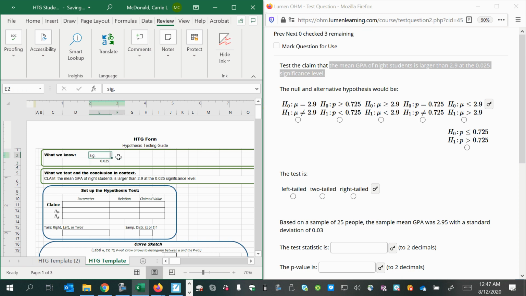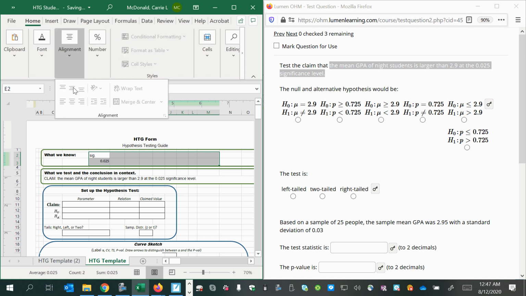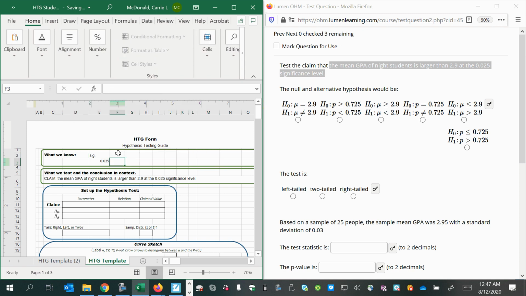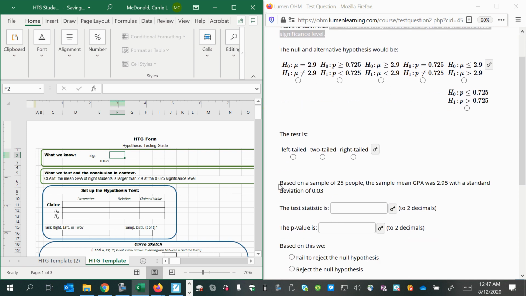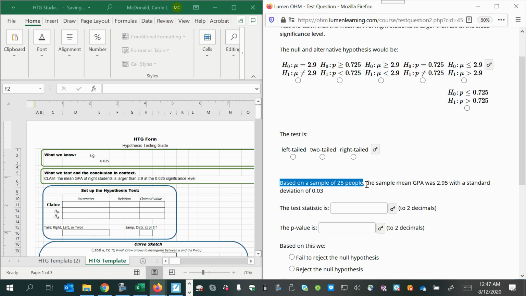We also have in this introduction down here, based on a sample of 25 people, so we have n equals 25.